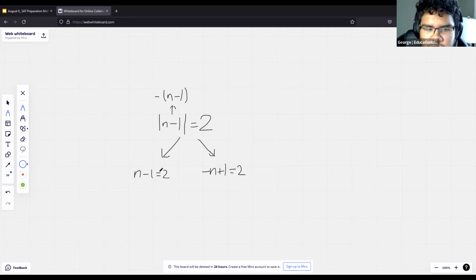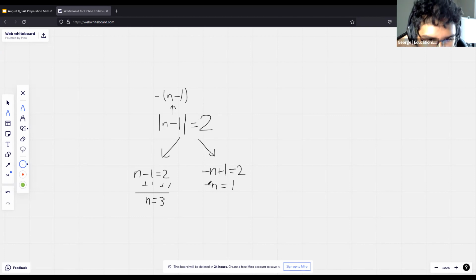So solving this side, we add 1 to both sides, and we get n equals 3. So that means 3 is a possible value of this absolute value function. If you put 3 in here, you get 3 minus 1 is 2. The absolute value of 2 is thus 2. In this case, it's a little different. So we subtract 1 on both sides, so we end up with negative n equals 1.